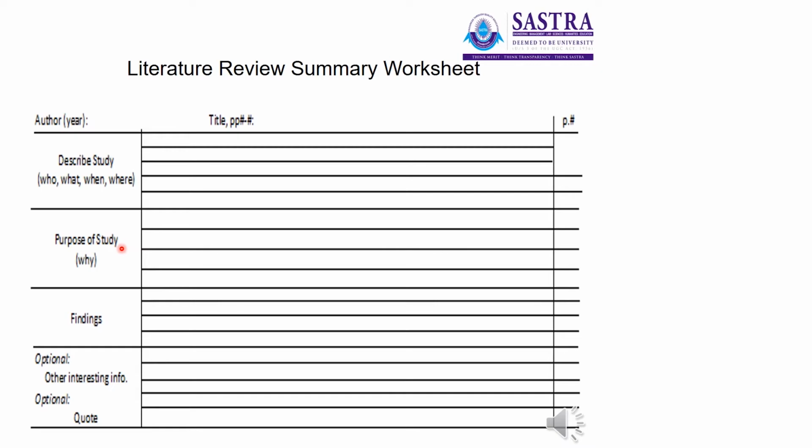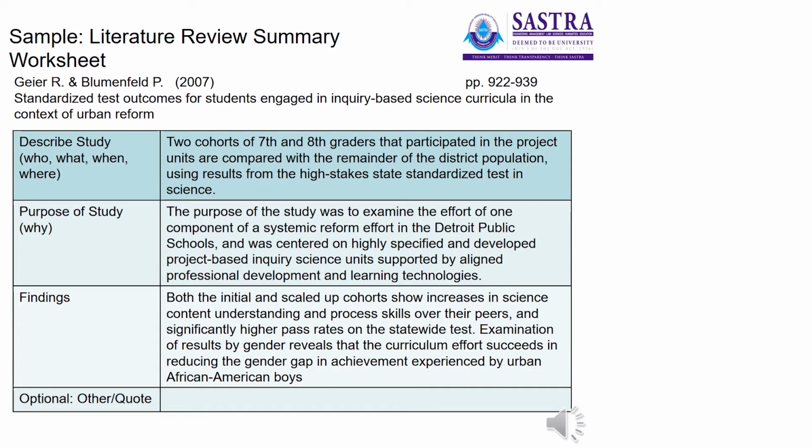Next, I have given you describe the study: who, what, when, where, and purpose of the study. I was mentioning earlier, what is the purpose of the study? That is why the component is here. And what are the specific findings relevant to our research area. Next, any other optional, interesting information or any other code pertaining to our research area has to be recorded here. So once you have this summary worksheet accumulated during the process of writing your literature review, it will be really helpful in bringing up a great quality literature review work.